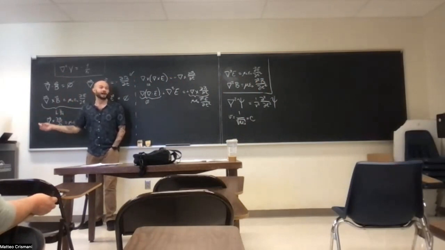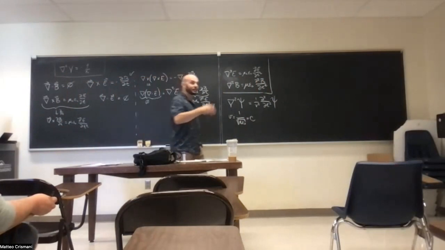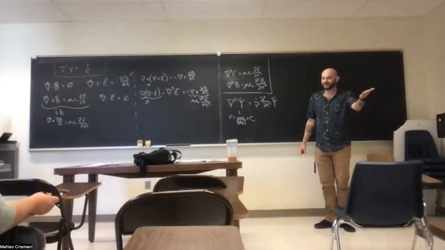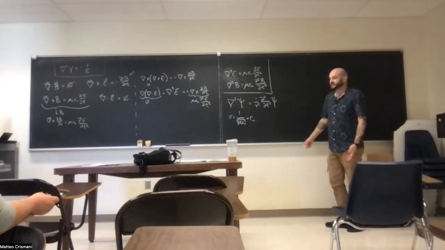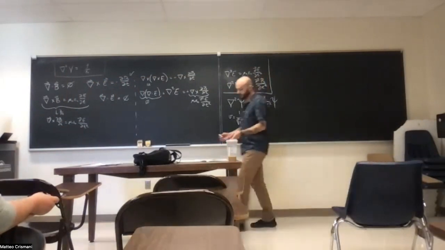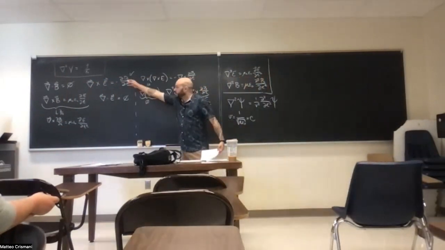Separation of variables. Yes, the variables are separated. That's what you want to do. So we make a guess, and we say, okay, is this reasonable? Is this going to work out? That's how we would solve these.